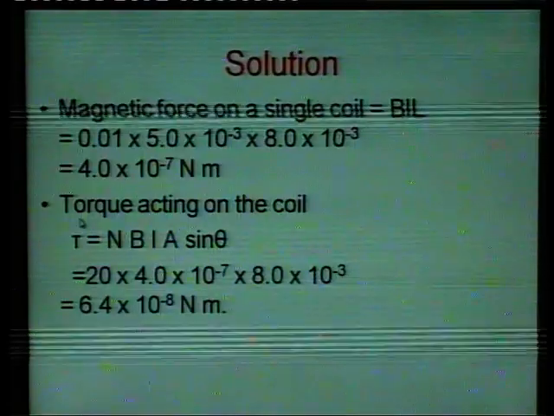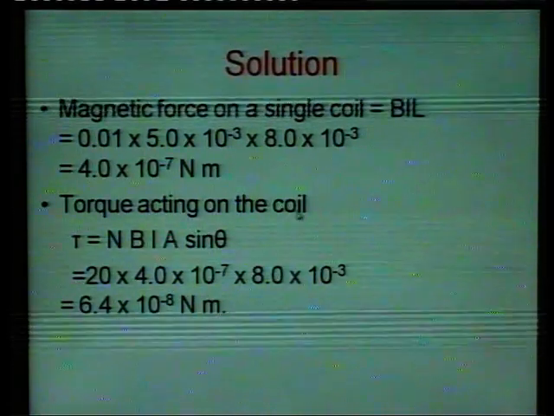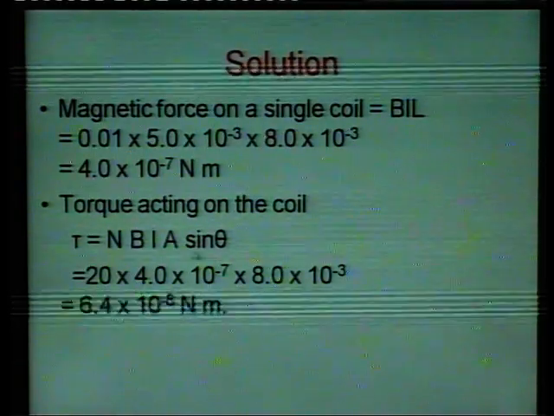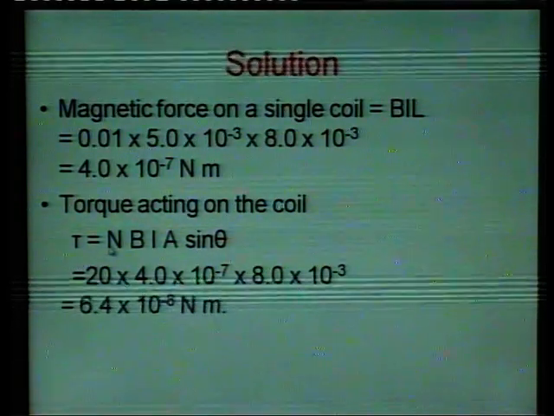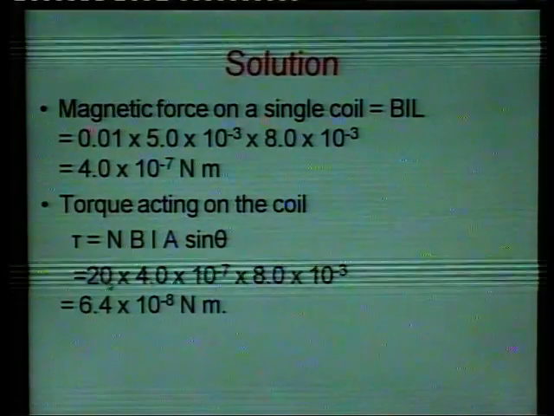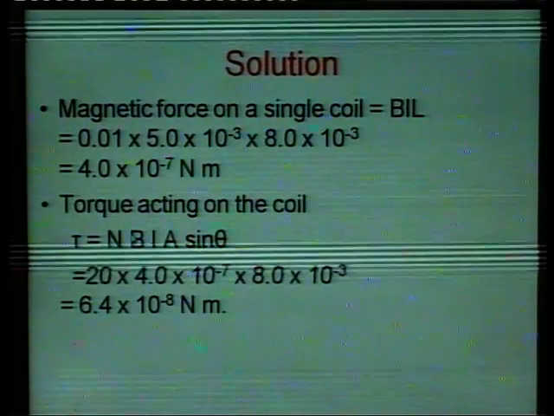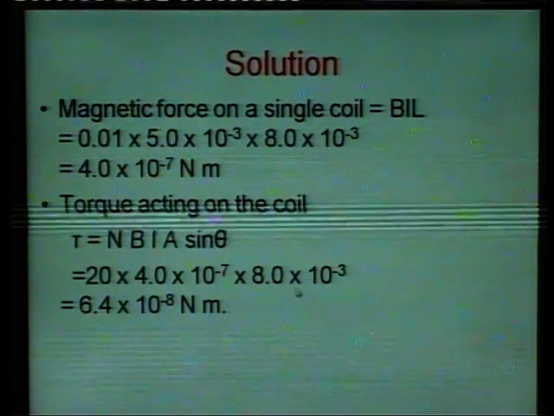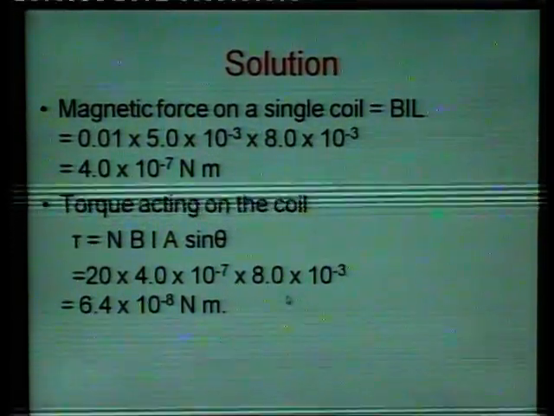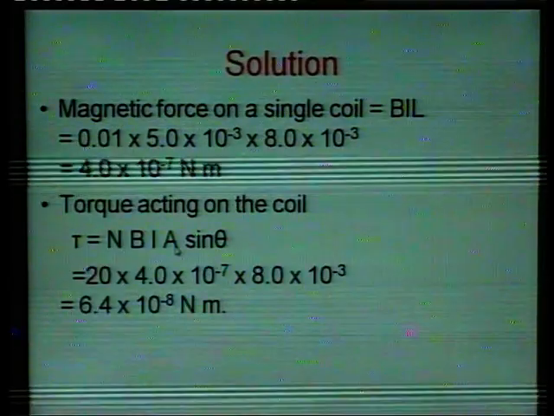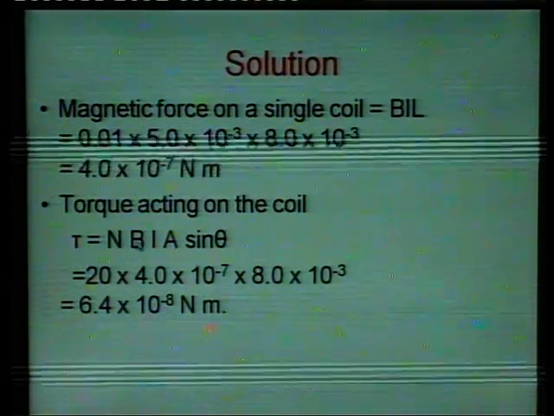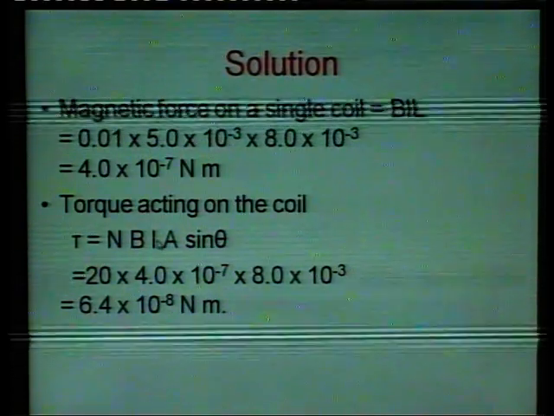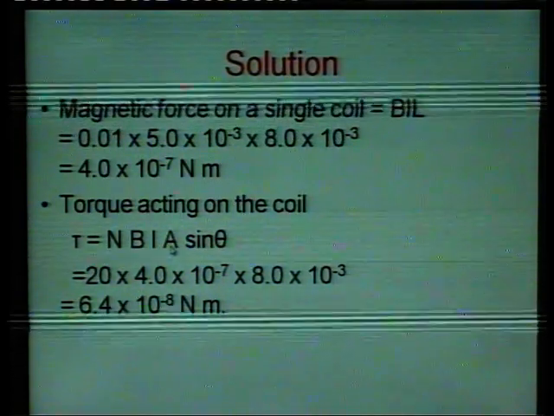Next, torque acting on the coil. So this torque tau is given as NBIA into sin theta. N is the number of turns, 20 was given. B I A into sin of theta. So substituting all these values, B is the field, it was 0.01, I was current, and A is the area of that coil.